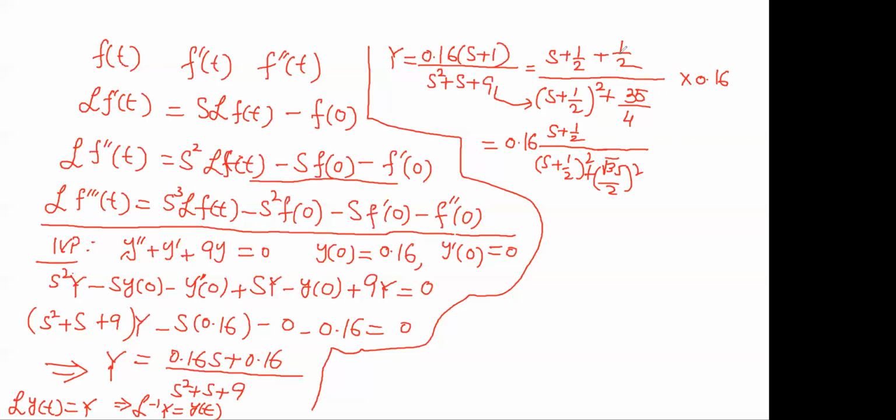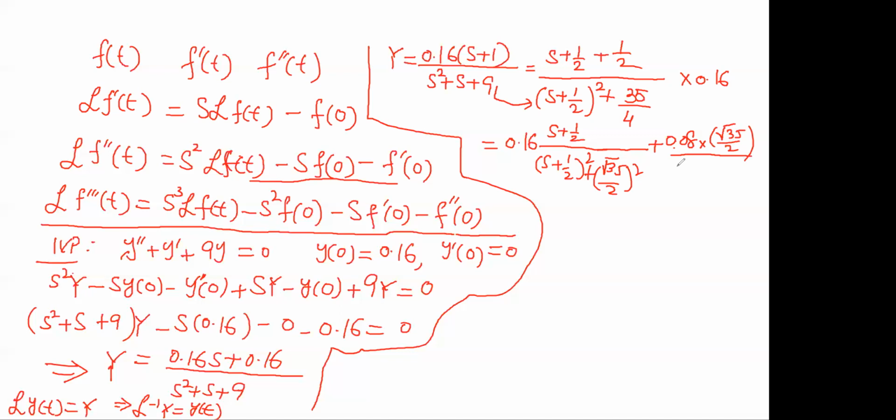So now what is left is 1 by 2 into 0.16. If I combine these 1 by 2 and 0.16, it will be 0.08. And now over here, can I write it like this, under root 35 by 2?